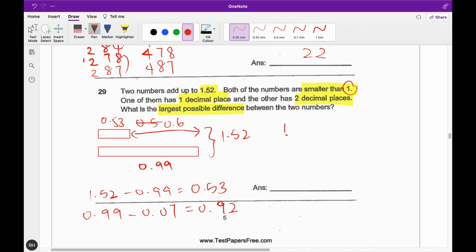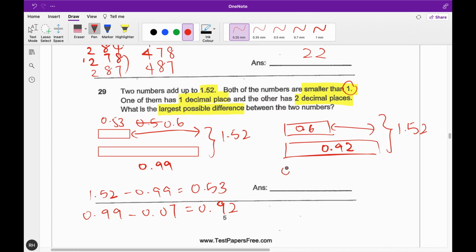Okay, so if we redraw the whole model out, this would be 0.6, and then the longer and bigger number would be 0.92. The total would be 1.52, and the difference here would be 0.92 minus 0.6. Okay, so answer will be 0.32.